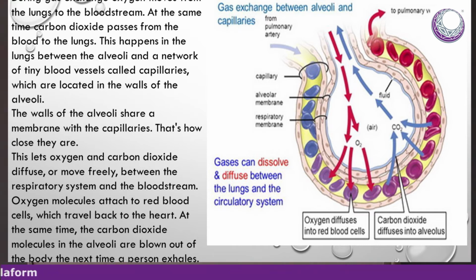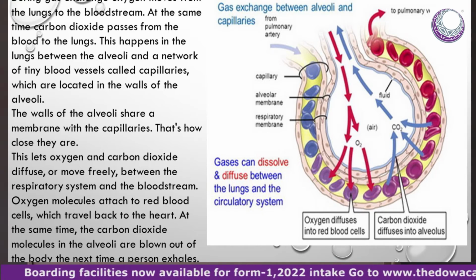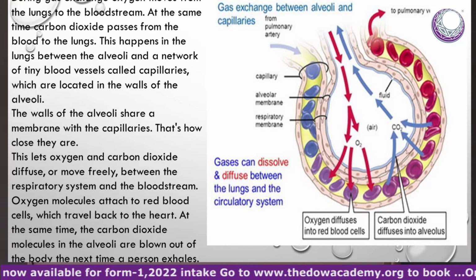So as it comes in, it goes along the alveolus and drops the carbon dioxide inside the air sac. As it does so, it gets oxygen from the air sac into the bloodstream, thus changing color from blue to red. The blood which has been oxygenated goes back to the body to do respiratory functions.